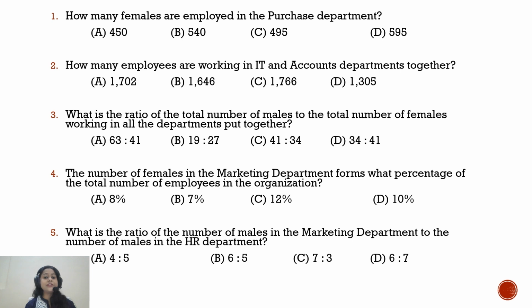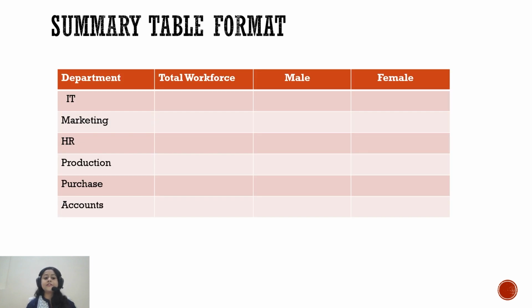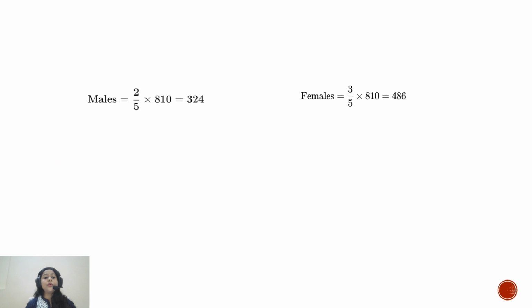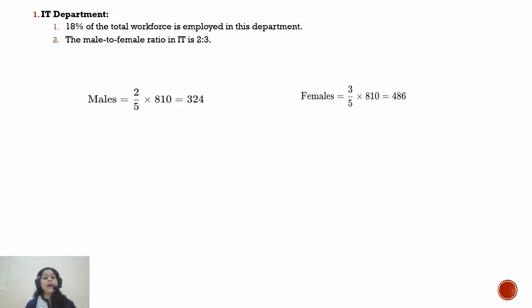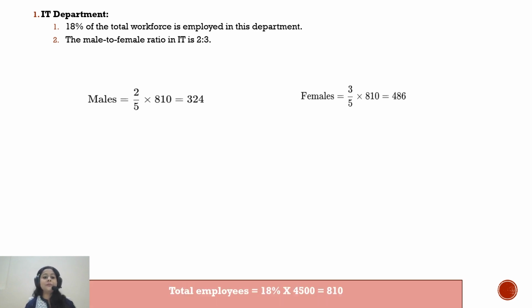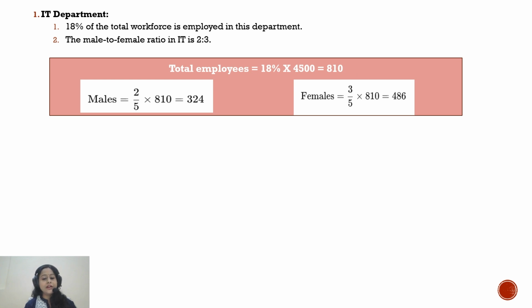So we will do it using the summary table format, where we have these 6 departments. We have to find out the total number of workers working in each department, the total number of male workers in each department, and the total number of female workers in each department, right? So first I will do for IT department, as it is mentioned that 18% of total workforce is employed in this department.